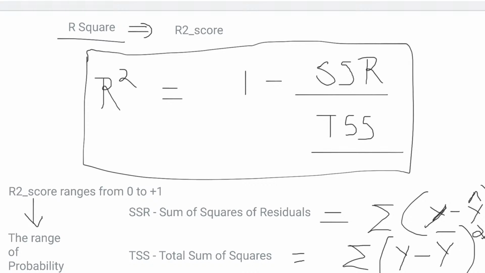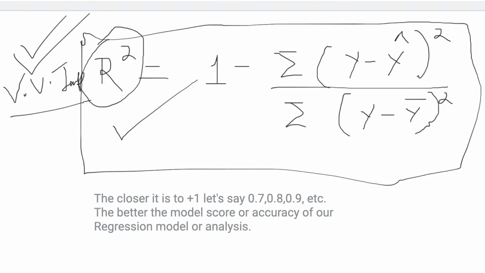R2 score ranges from 0 to plus 1. The range of probability is 0 to plus 1. That means it is probabilistic. This is its formula: 1 minus sum of squares of residuals divided by total sum of squares. And the closer it is to plus 1, we'll say the better trained our regression model is.